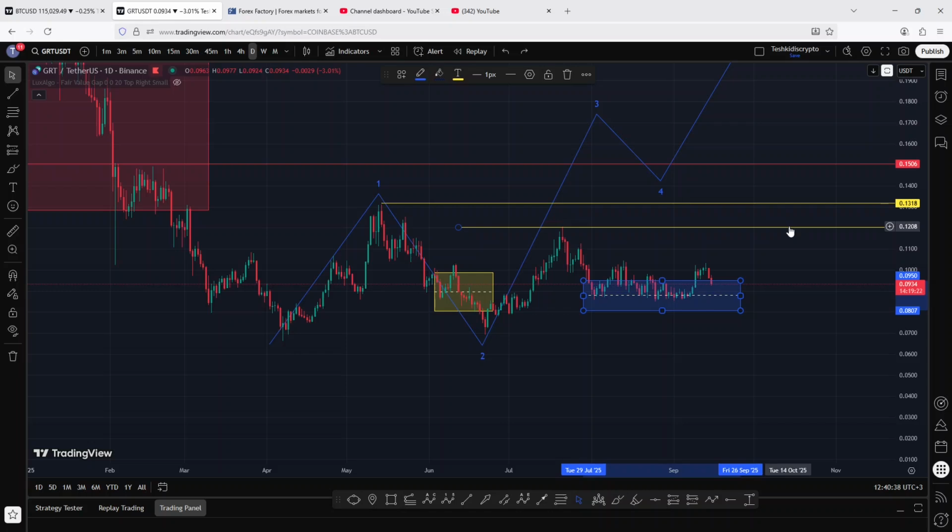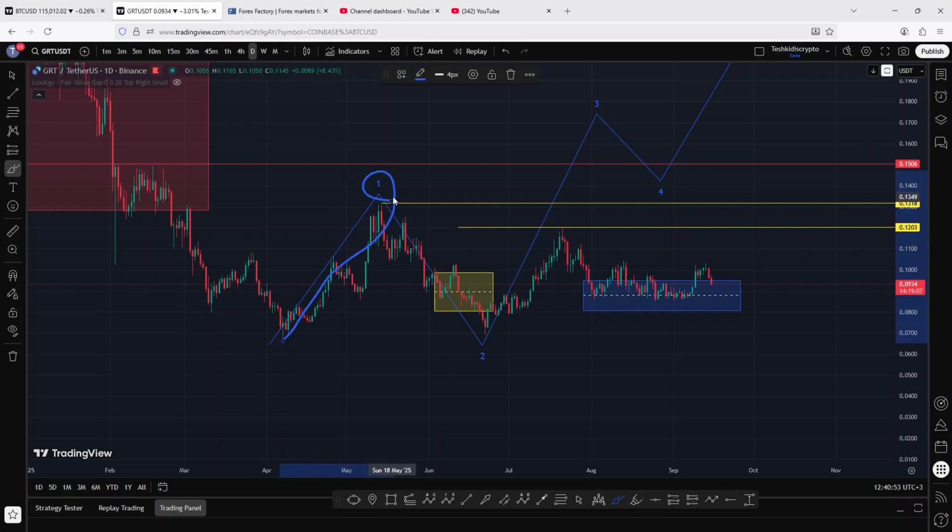And basing my analysis on the additive structures from the lows we made on the 7th of April here on the GRT chart, I have been observing this blue additive structure where we picked impulsively in the formation of that first wave.